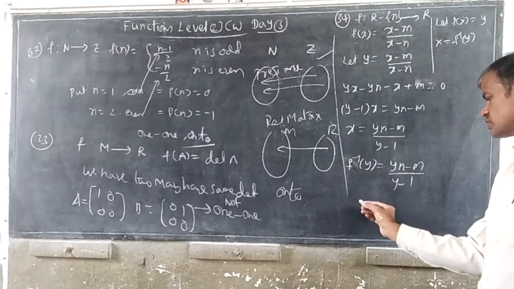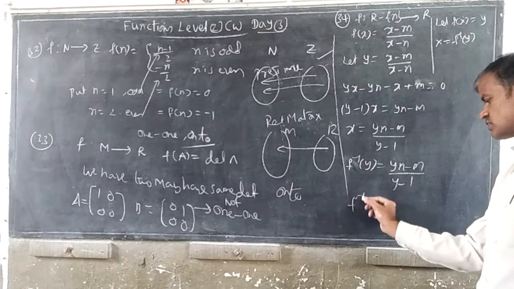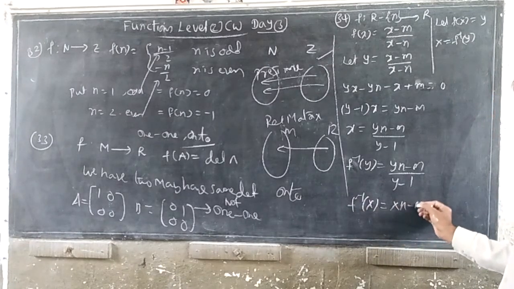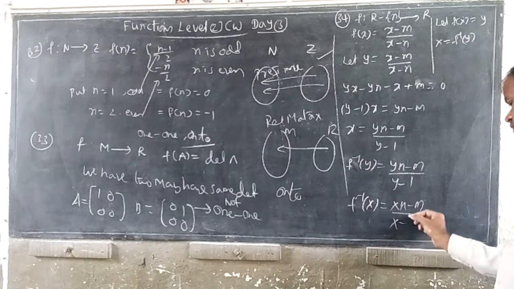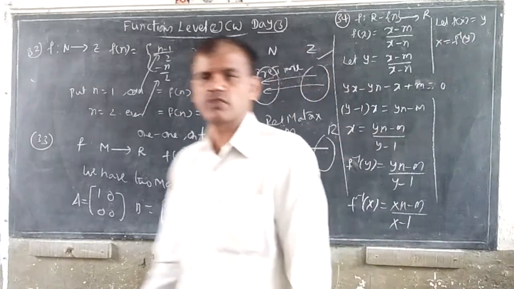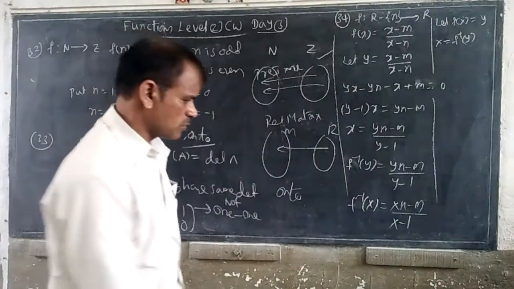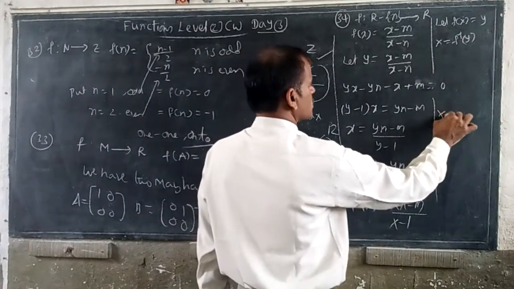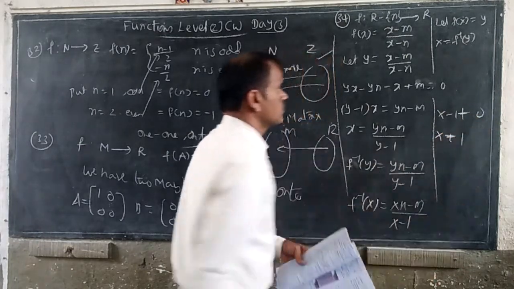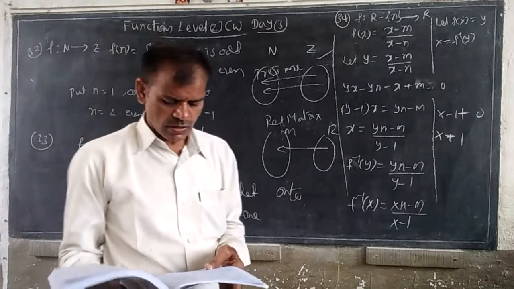So here f inverse x, if you write, f inverse x is equal to xn minus m by x minus 1. The inverse function exists, or is defined, when x is not equal to 1, because x minus 1 is not equal to 0 here. Let us see the options.